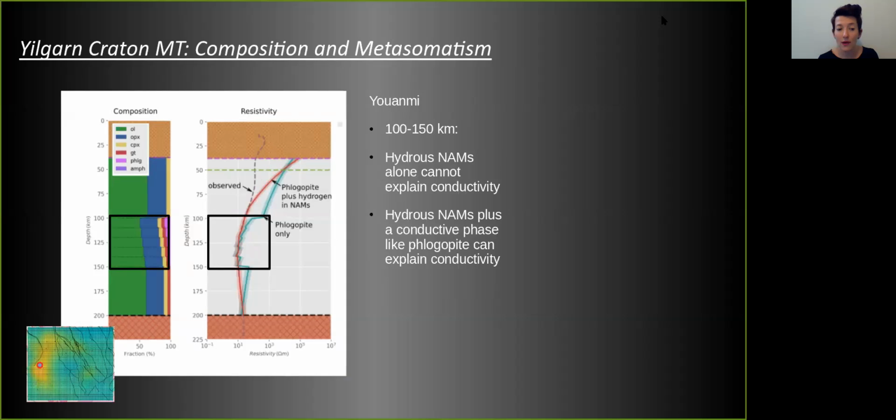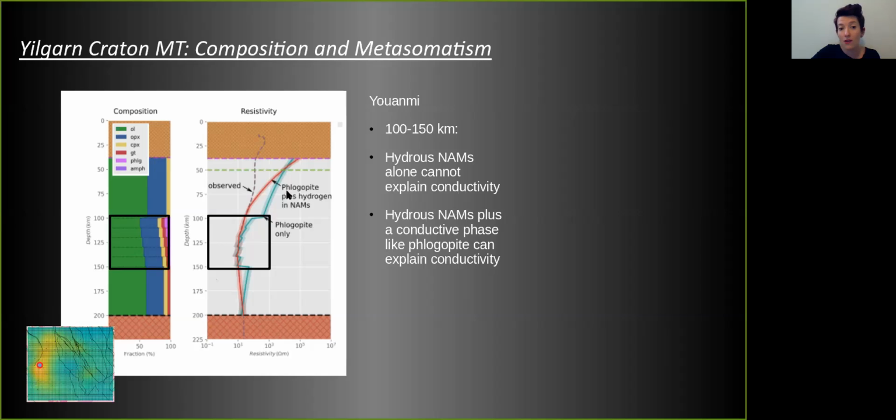In contrast, if we look at the Yuanmi, so now we're in the western part of the survey where we see that mantle conductor, and do the same analysis, just having hydrogen in the nominally anhydrous minerals is not enough to explain the conductivity structure in the Yuanmi. So here I've put in an additional conductive phase, some phlogopite in this case.